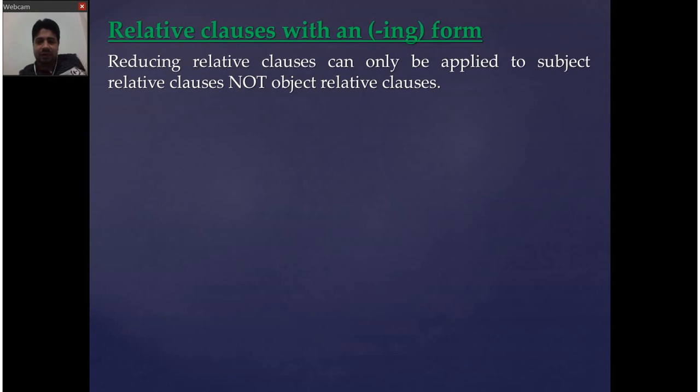Alright, deleting some parts in grammar is called ellipsis. Ellipsis means deleting some parts. Okay, so we need to remember one thing about reducing the relative clauses. It only happens when the relative clause is a subject relative clause, not an object one.